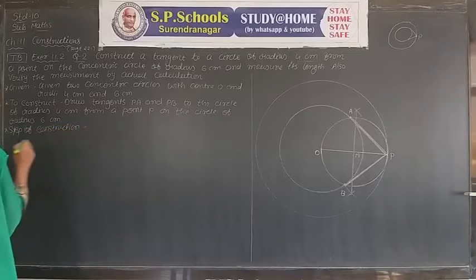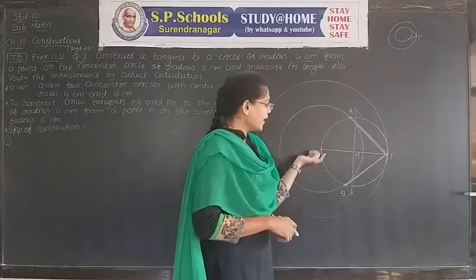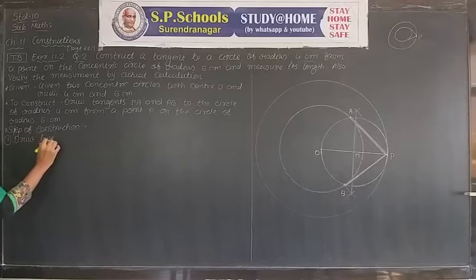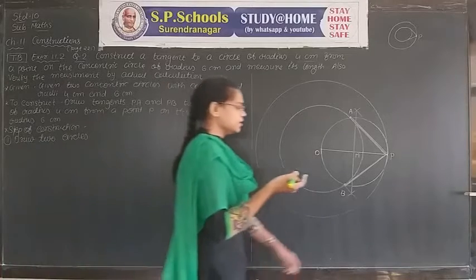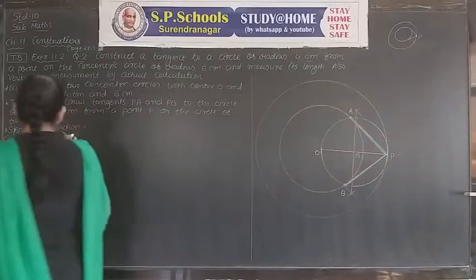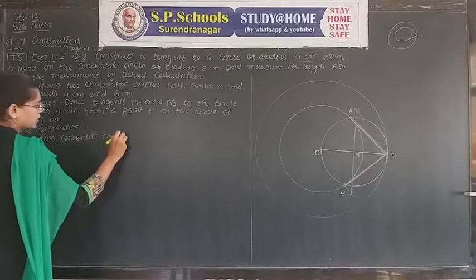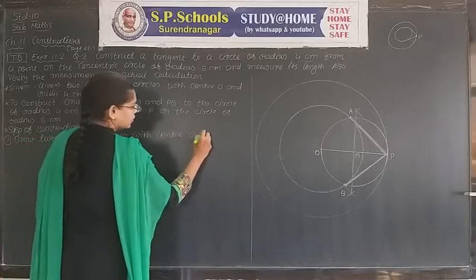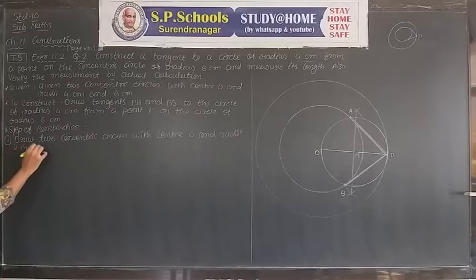The first step: draw two concentric circles with center O and radii 4 cm and 6 cm.